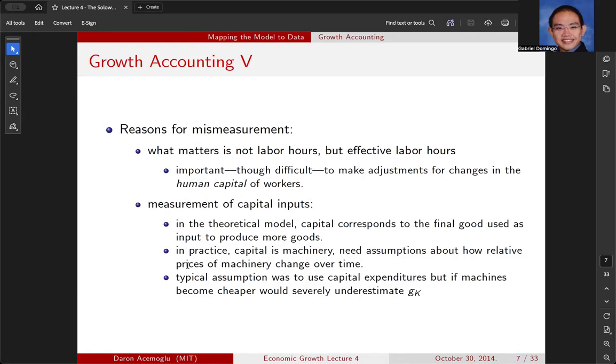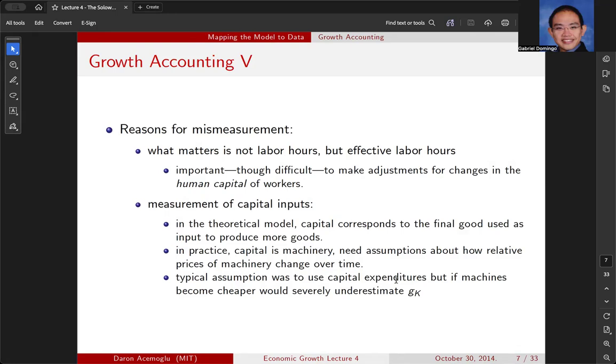Okay, and if you don't incorporate this price of investment or price of machinery, then you will mismeasure the growth in capital inputs, right? Because the growth in capital inputs is just these capital expenditures. So expenditure is about the peso value of investment, correct?